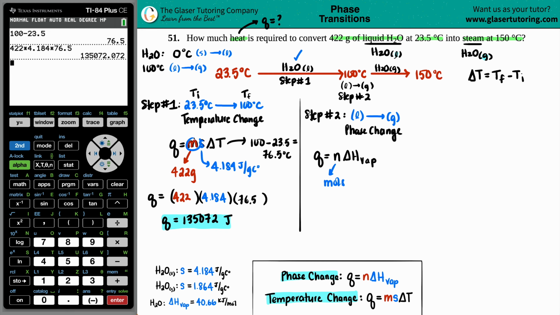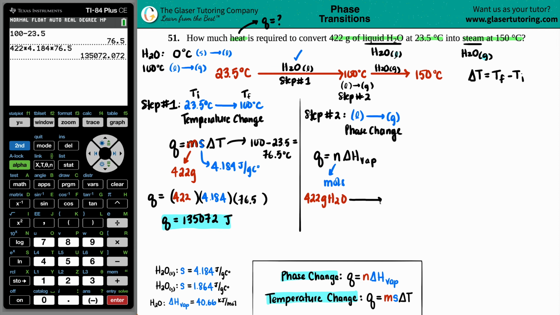So we're not dealing with an m anymore, no more mass. For your phase changes, chances are you're going to be dealing with moles. But they didn't give us the moles, right? They gave us grams. So the first thing we would have to do is just convert the 422 grams of H2O and convert that into moles, right?